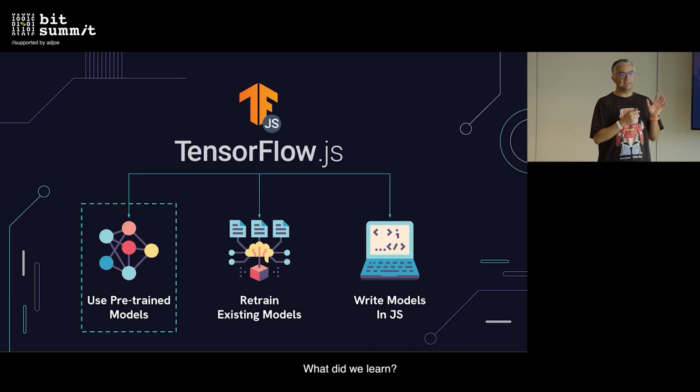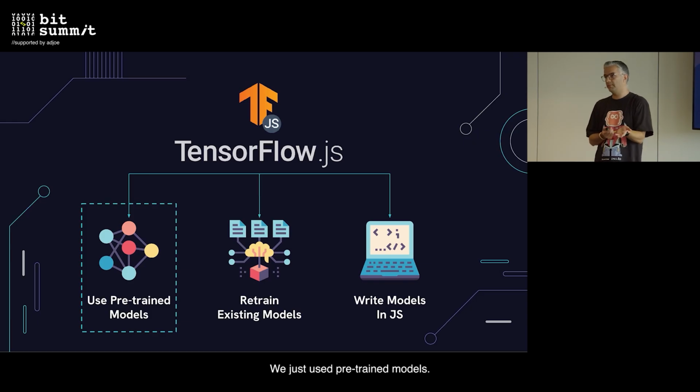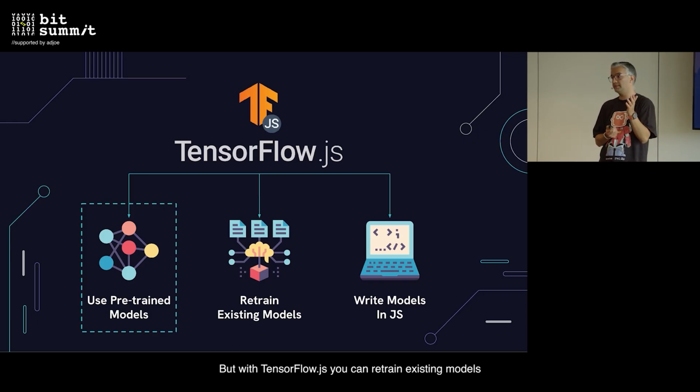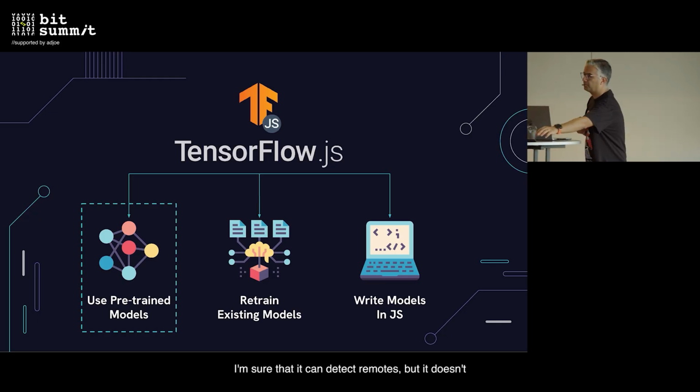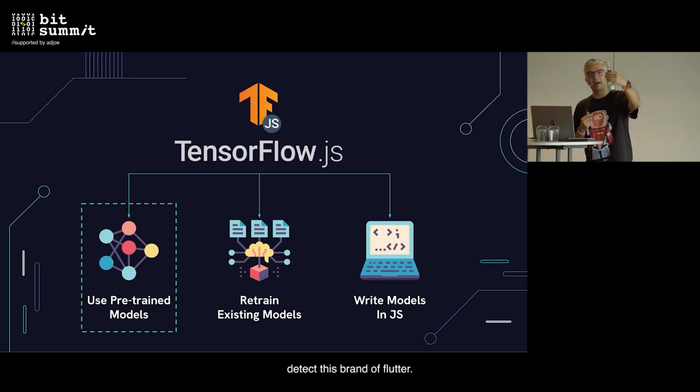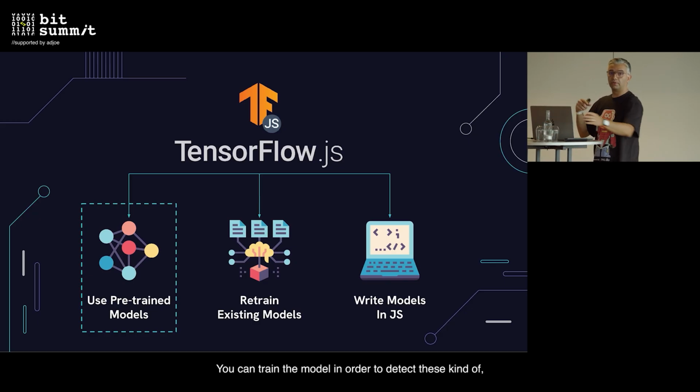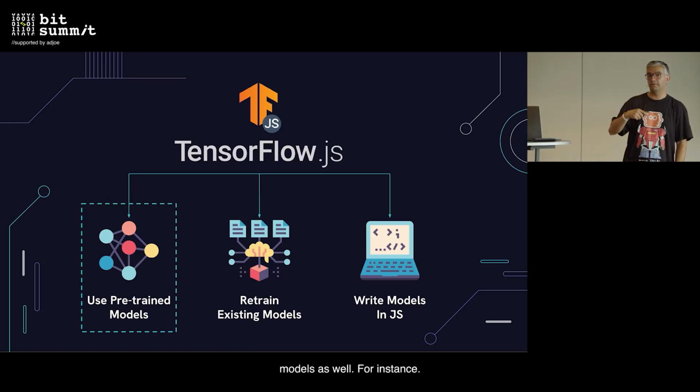Right now, what did we learn? Pre-trained models. We just used pre-trained models, but with TensorFlow.js, you can retrain existing models as well. For instance, as you noticed, I'm sure that it can detect remotes, but it doesn't detect this brand of water. You can train the model in order to detect these kinds of objects as well.